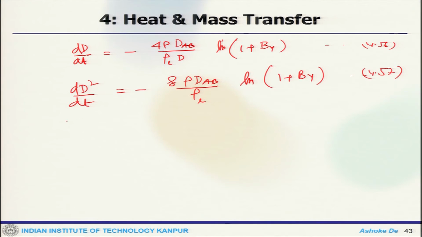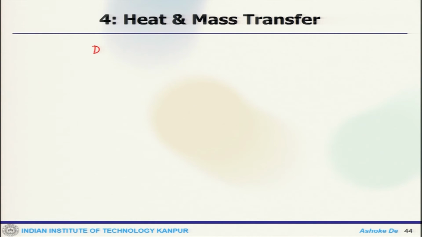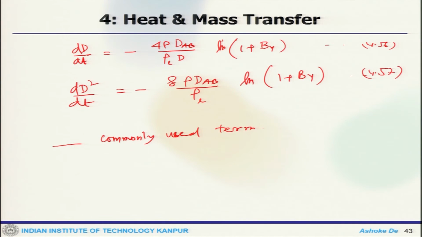This is a commonly used term, and what it tells us is that the derivative of the square of the droplet diameter is constant. So d squared varies with time with a slope that is equal to the right hand side of this particular equation.